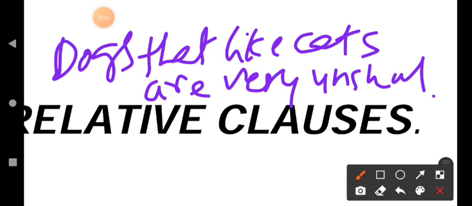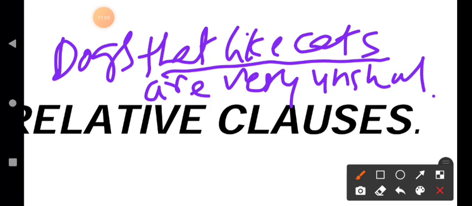Dogs that like cats. It is a relative clause which starts with the relative pronoun that. Are very unusual. This is the defining relative clause. What is the sense?